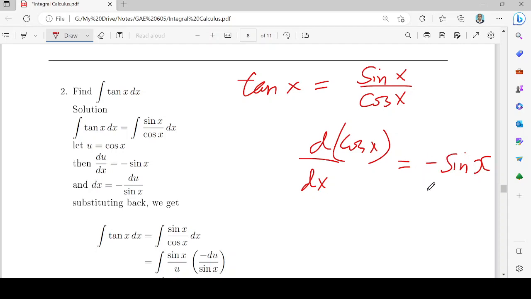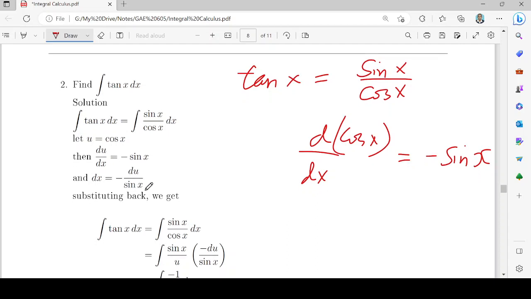So in this case, it means that we can apply this method. We write the integral of tan of x as the integral of sine of x divided by cosine of x dx. Then we choose u to be cosine of x, the denominator. Differentiate u with respect to x to get minus sine of x. And then make dx the subject. This will give us minus du over sine x.